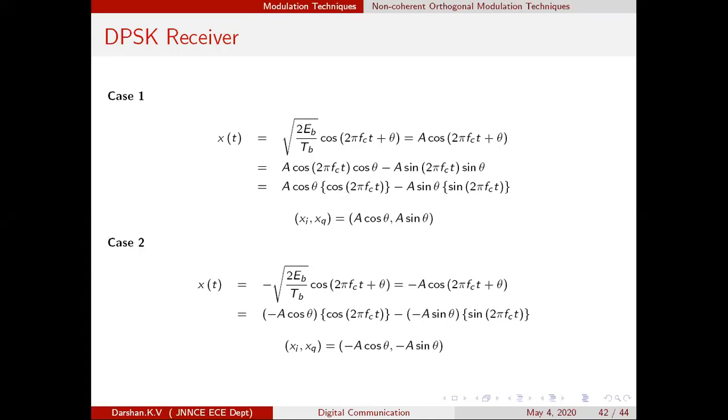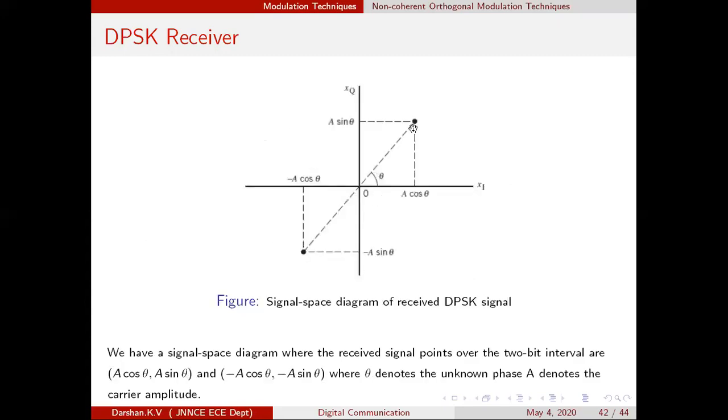So in a DPSK receiver, or if you are receiving any DPSK, you have only two choices: carrier with no phase change, carrier with phase change. That is what it is. We are expecting carrier with no phase change and carrier with phase change. So these two things are plotted. This is a signal which represents the carrier with no phase difference.